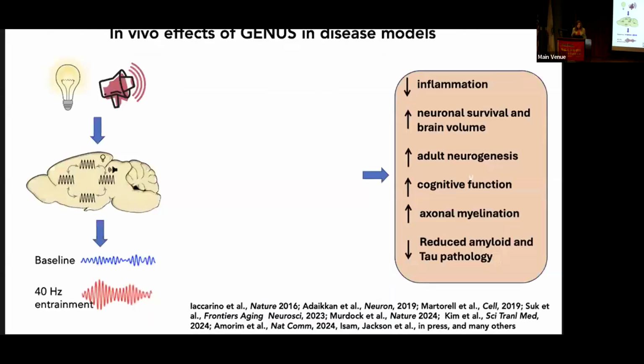So I think since our initial observation of using sensory stimulation to drive neural synchrony and protective effect, we and many other laboratories now have shown very consistent neuroprotective effects induced by the stimulation, including reduced inflammation, neuroprotection, improved cognitive function, reduced pathology, and so on.